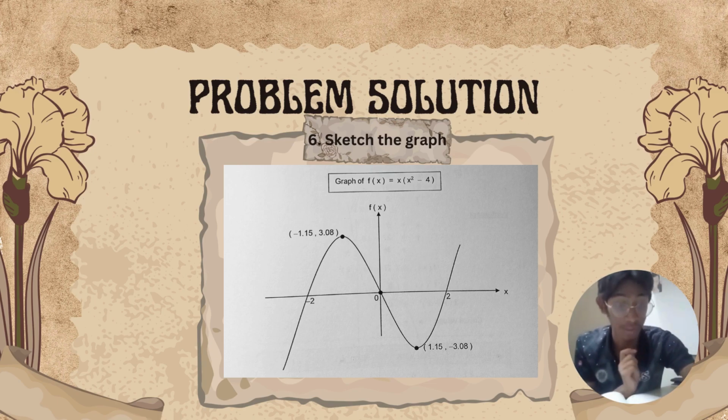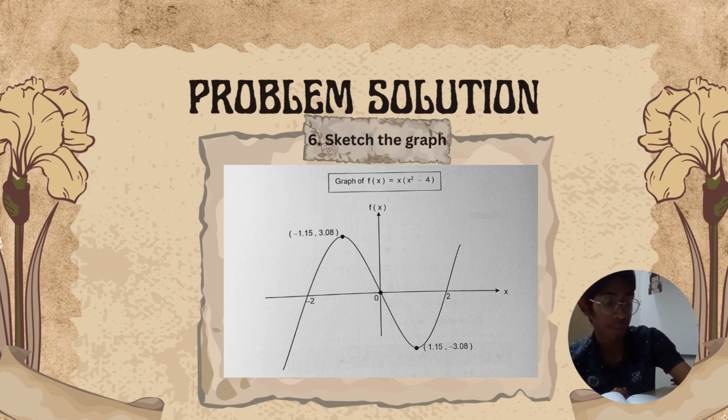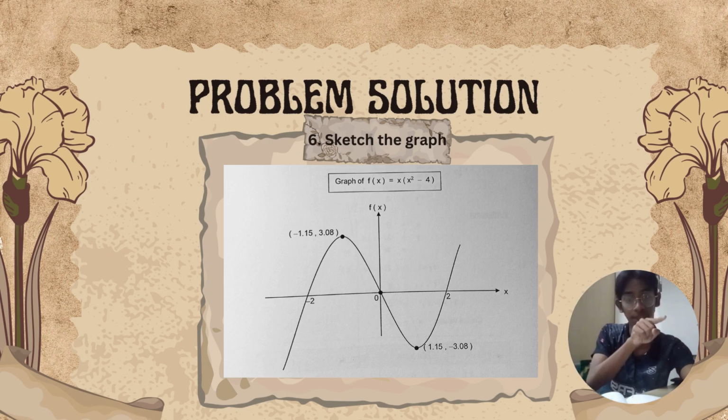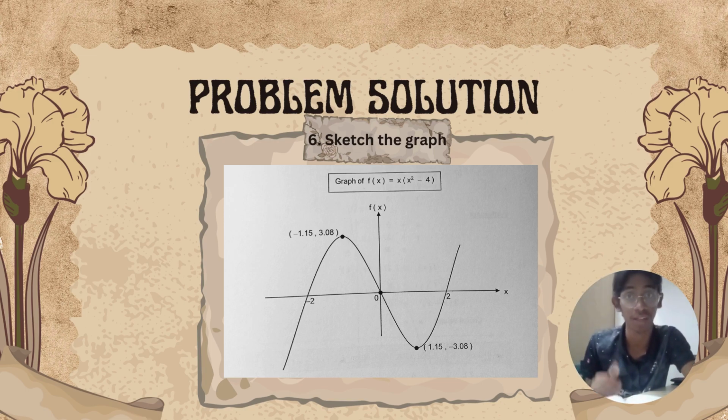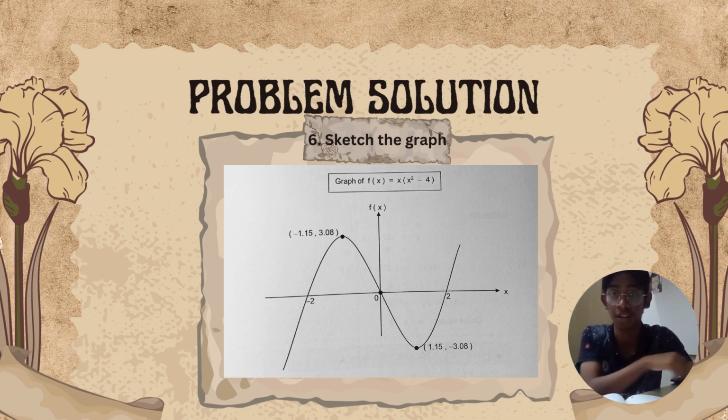For the second one, 0 to infinity, the sign of f double prime x is positive. It's going to be concave up, the smiley face. And then after the sketch, we can get this as the graph. That's all for problem solution 1.